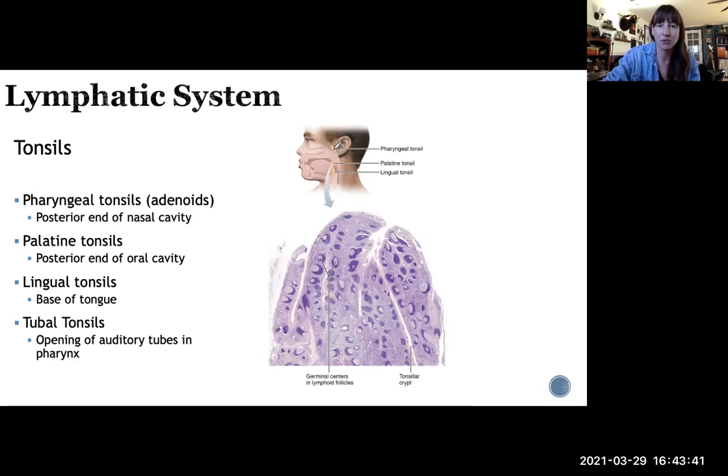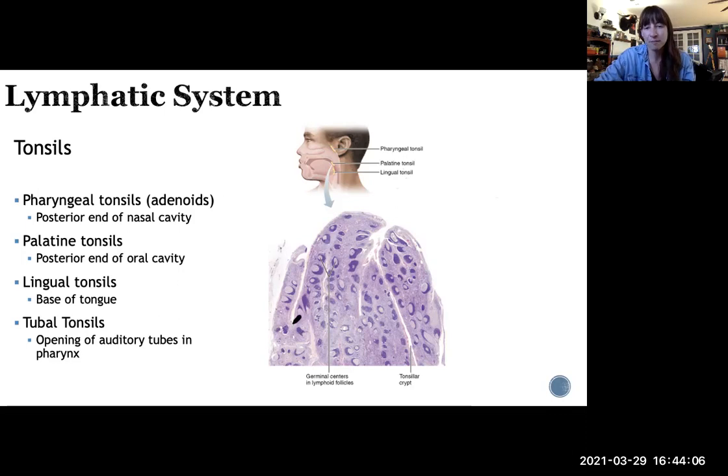So your pharyngeal tonsils are guarding against anything coming in through your nose. Your palatine tonsils are guarding against stuff coming in through your mouth. Your lingual tonsils, also stuff coming in through your mouth. And your tubal tonsils, stuff coming or going up into your middle ear. Pretty cool. So you have this ring of protection in the form of your tonsils.